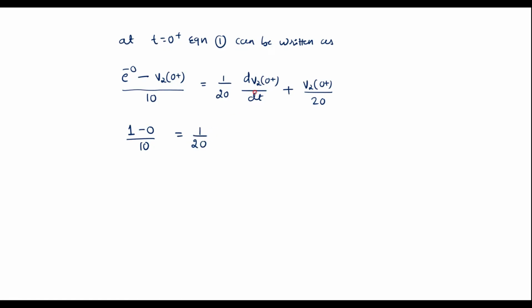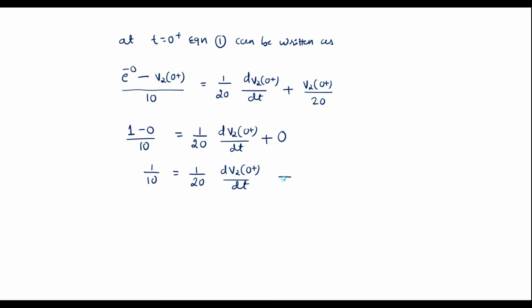dV2 of 0 plus by dt plus V2 of 0 plus by 20, where the V2 of 0 plus term is 0. Let me simplify. That is 1 over 10 is equal to 1 by 20 dV2 of 0 plus by dt.